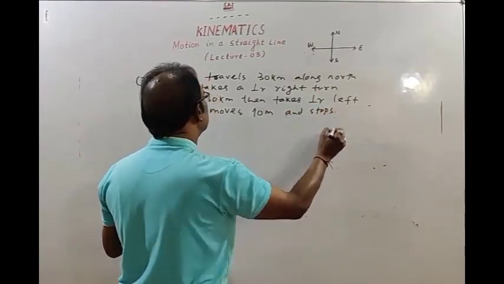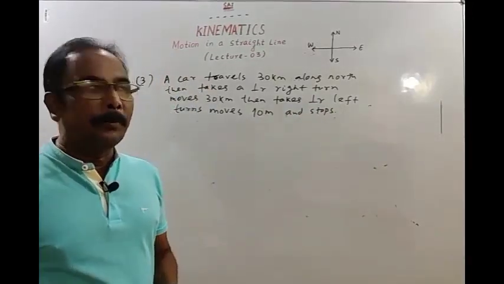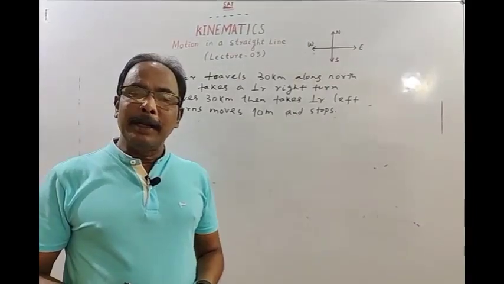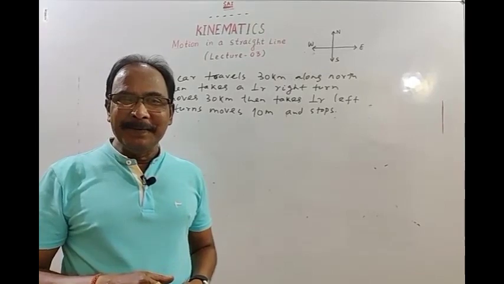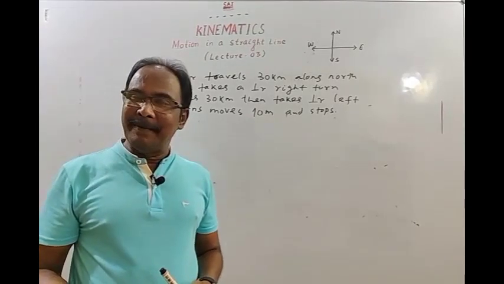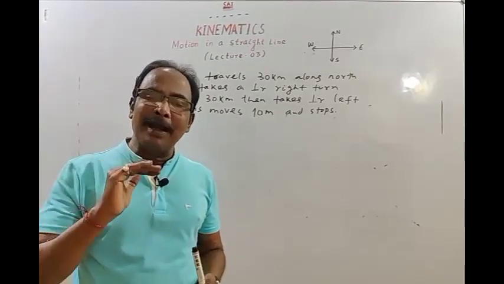The question is like this: a car travels 30 kilometers along north, then takes a perpendicular right turn, again moves 30 kilometers, then takes a perpendicular left turn and moves 10 kilometers and stops.